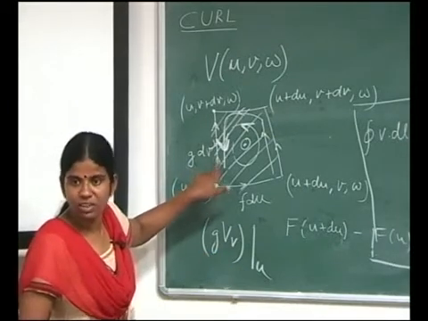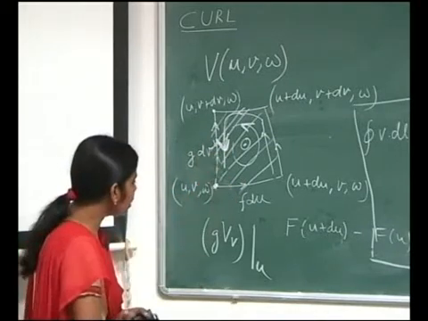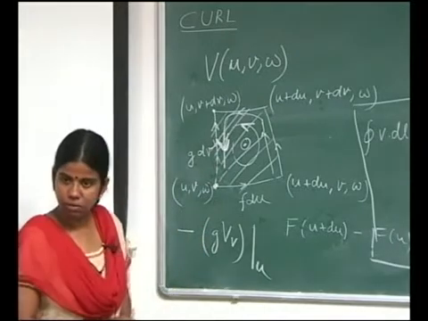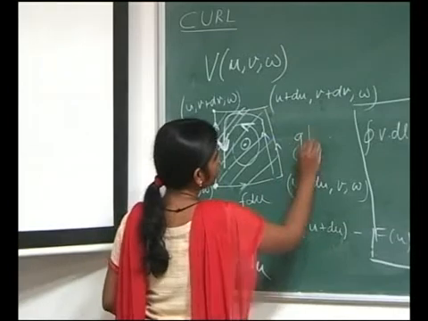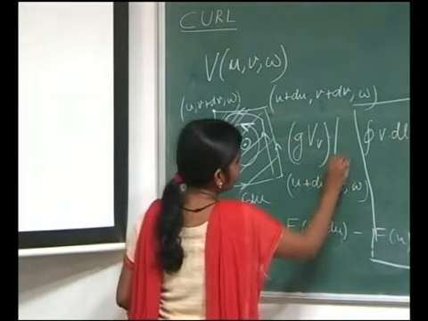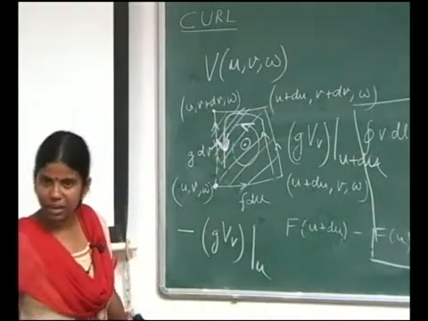Is it clear or not? This is negative. Is that clear? This is negative. So, it means this is negative. Okay. When I am here at this point, now I am calculating G dV at u plus du. This is positive. Is it clear?